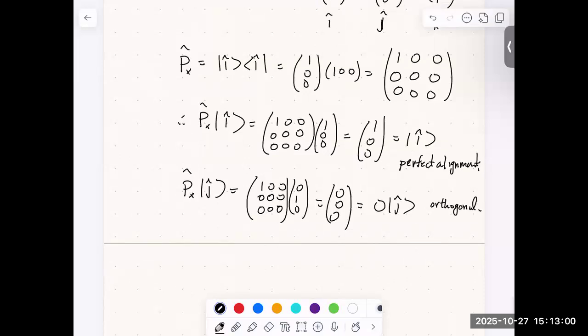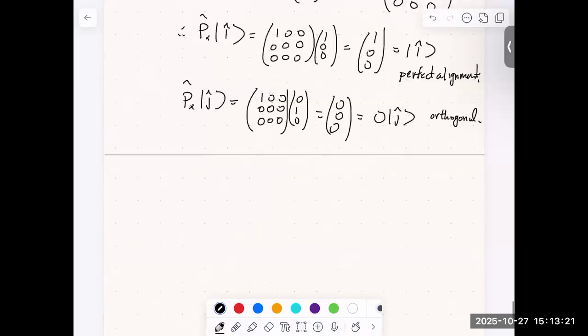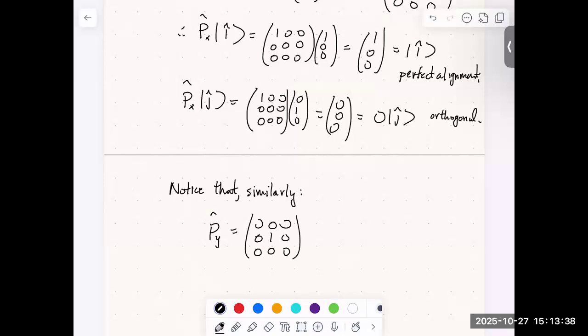If we were to work out the projection operators for the y-axis and the z-axis, we would find for the y-axis, it would all be zeros except right in the middle. And for the z-axis, it would all be zeros except for right in the bottom right corner. So notice that similarly, if we did this for y, we would find this for our projection operator.